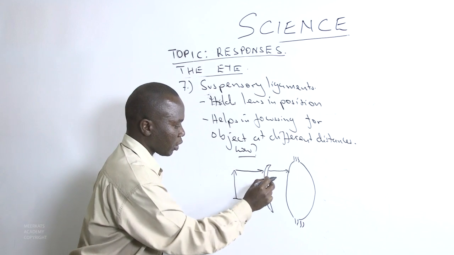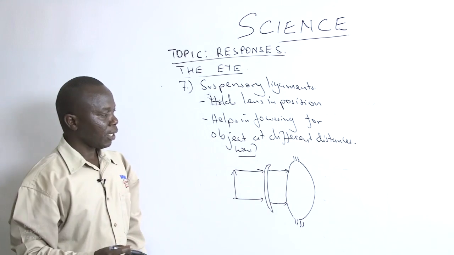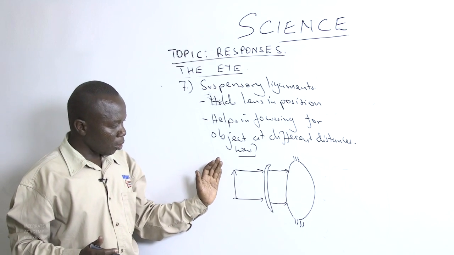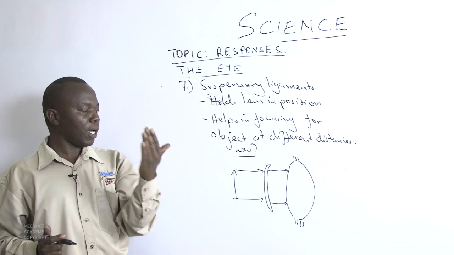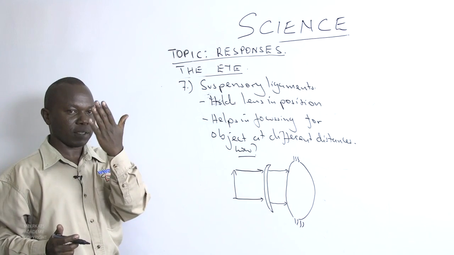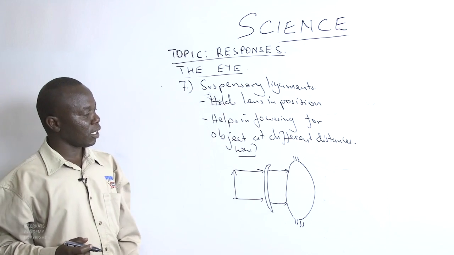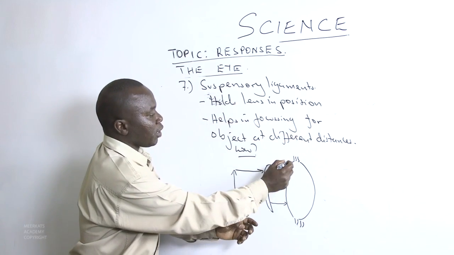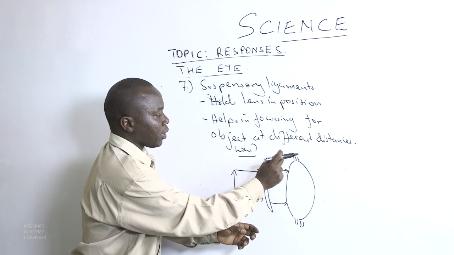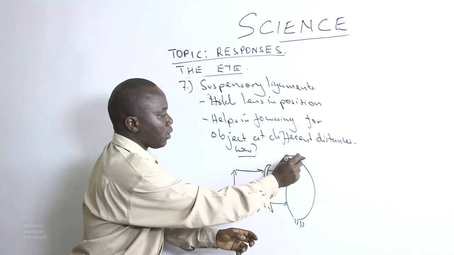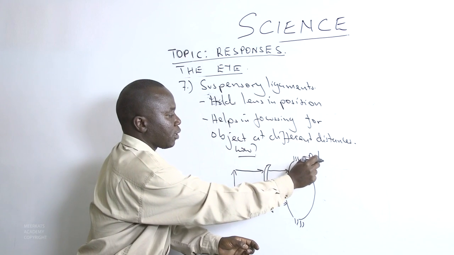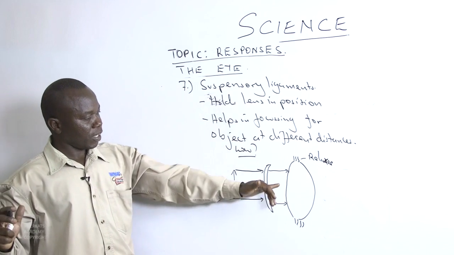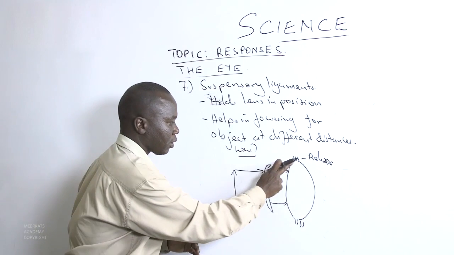Light will pass slightly refracted to the lens. For a close object, if you bring an object very close to your eyes, sometimes the eyes even strain to look at it because there's a lot of tension happening. So what will happen? The suspensory ligament relaxes. When it relaxes, the curvature of the lens increases.